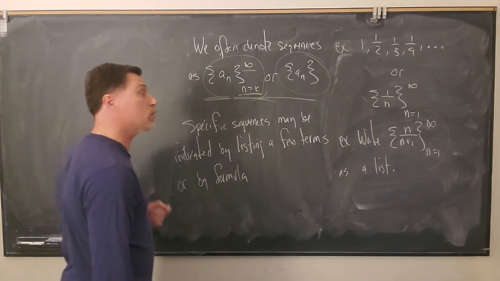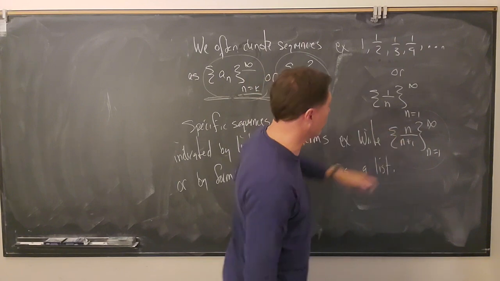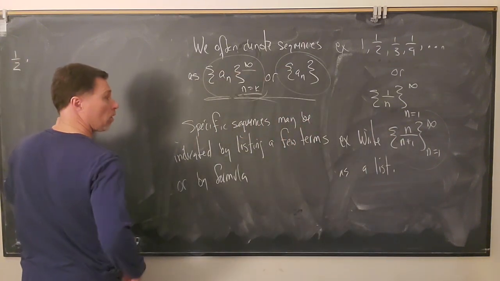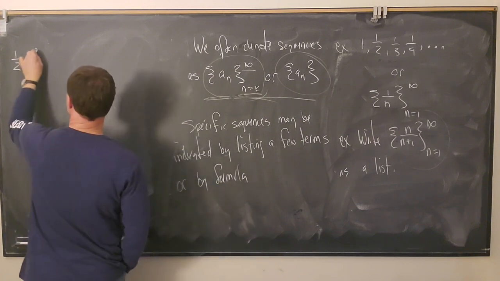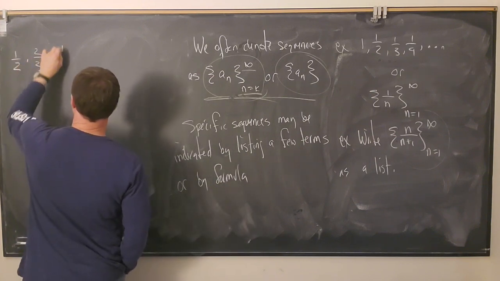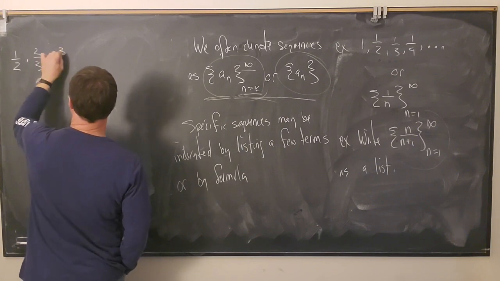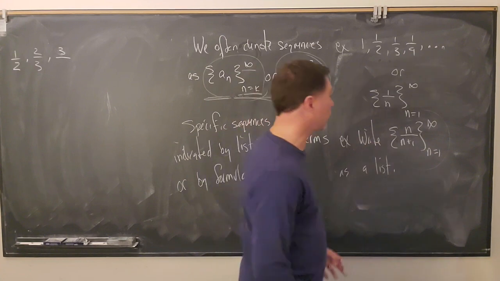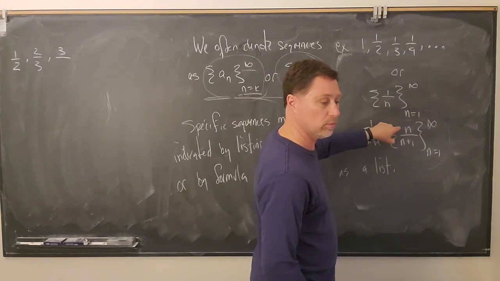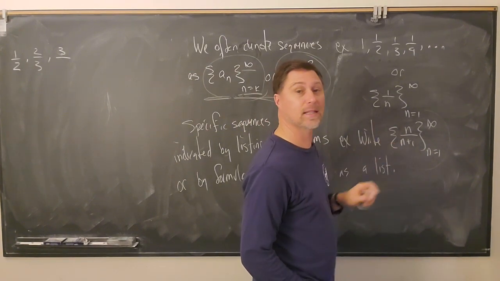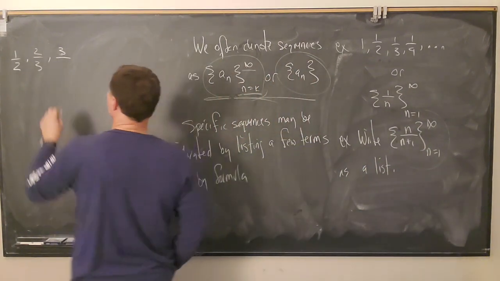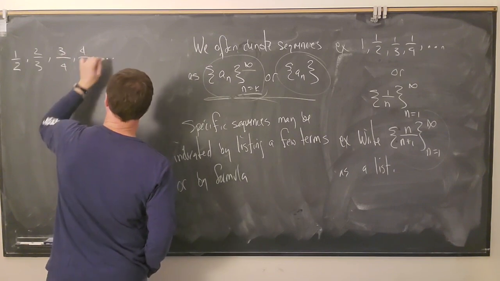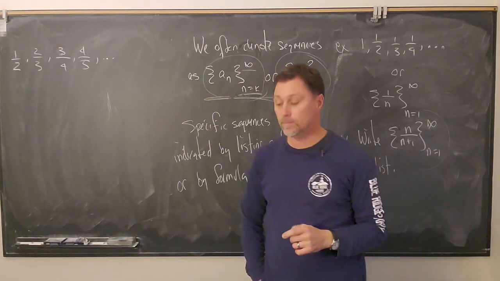Well, when n equals 1, we'll have the fraction 1 over 2. When n equals 2, we'll have the fraction 2 over 3. I think you can see what's happening: both the numerator and denominator increase by 1 as we go, and the numerator is always 1 less than the denominator. So 3/4, 4/5. That's probably enough terms so that everybody can see the pattern.